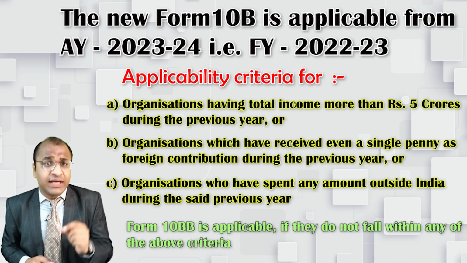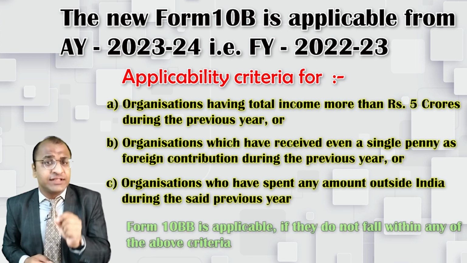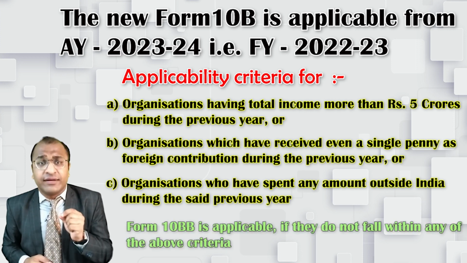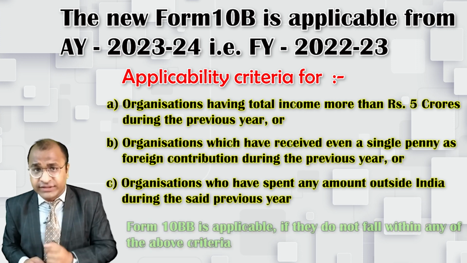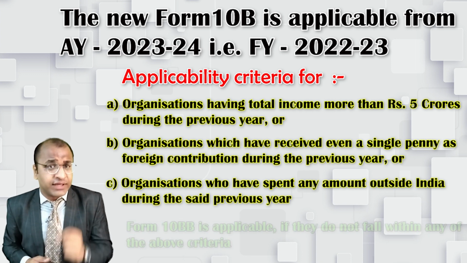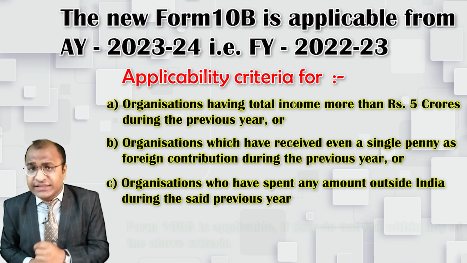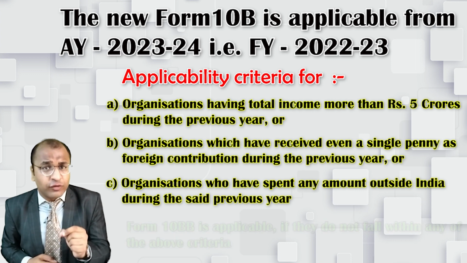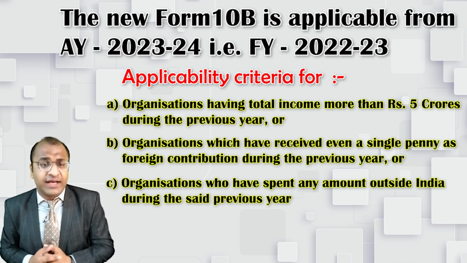This implies if any one of the criteria is fulfilled, Form number 10B is applicable to those organizations. Else, for the rest, Form number 10BB is applicable if they do not fall within any criteria as discussed.